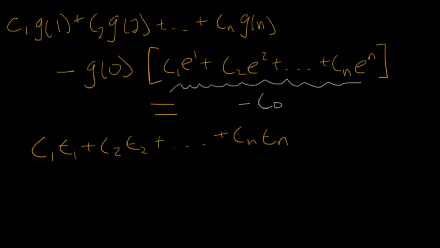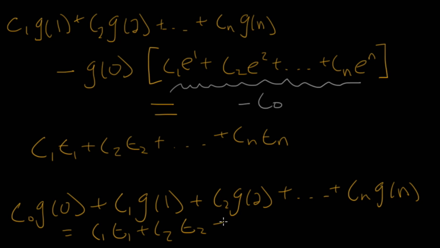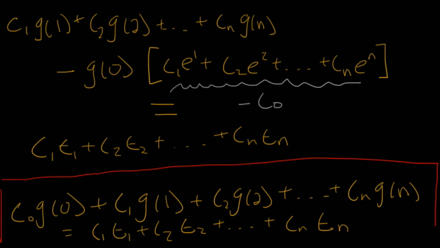So the final relation that we get is c sub 0 g of 0 plus c1 g of 1 plus c2 g of 2 plus all the way c sub n g of n equals c sub 1 epsilon 1 plus c sub 2 epsilon 2 plus all the way c sub n epsilon n. And this is something we're going to box because it's very important.